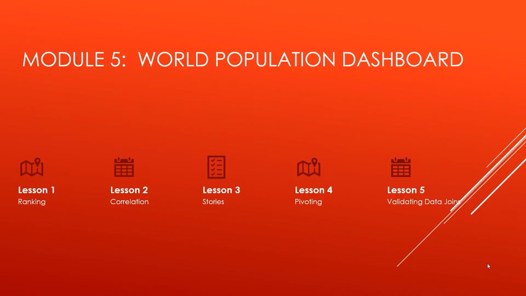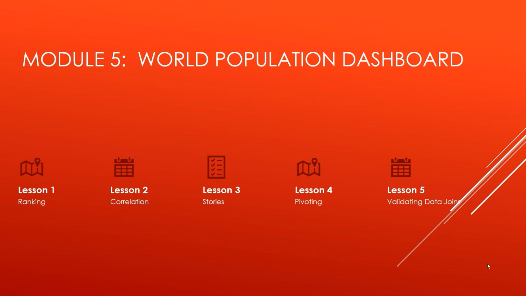So by way of review or recap, we use the world population data in this module. And we started by creating a visualization where we used all of the rank functions, all variations of the rank function in ascending and descending order in the same table for comparison purposes.